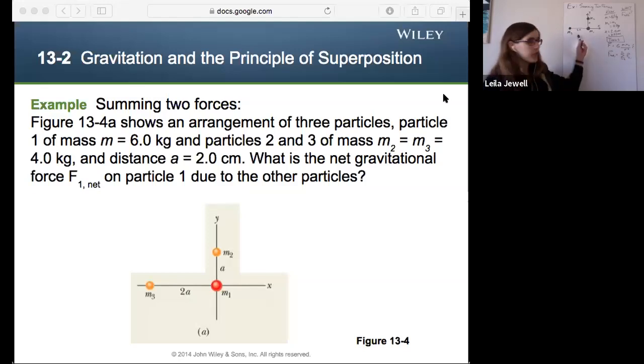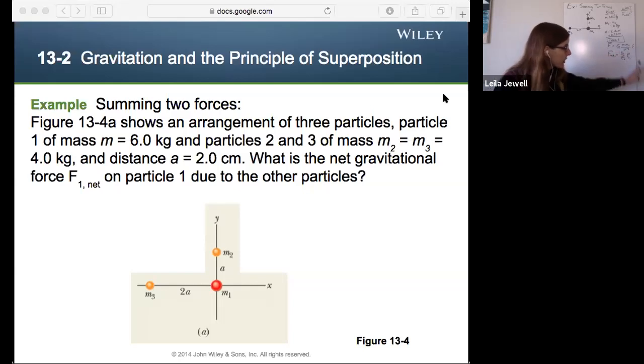All right, so I drew my picture. I wrote down our knowns, what we want to know, F net on particle 1. I even jotted down tools, hopefully you did too: we have our Newton's law of gravitation, F vector is equal to G m1 m2 divided by r squared in the r hat direction, as well as our principle of superposition, that says F net on 1 is equal to the sum of the forces on 1 from 2 up to n particles.